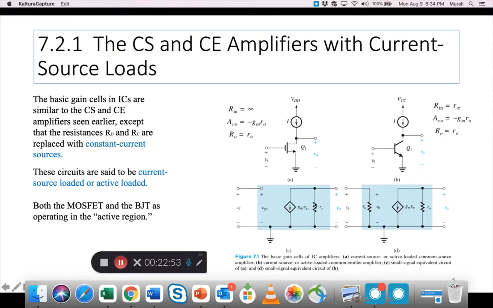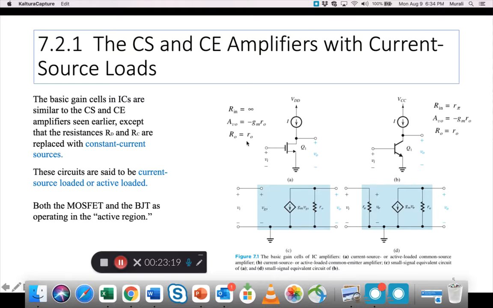They were not in the original drawing, but I brought them in so we can start looking at them right away. So the open circuit voltage gain is negative, and it's gm ro. Same thing, open circuit voltage gain is gm ro. gm is the transconductance of the device. Here Rin is R pi, Ro is ro, ro is ro.